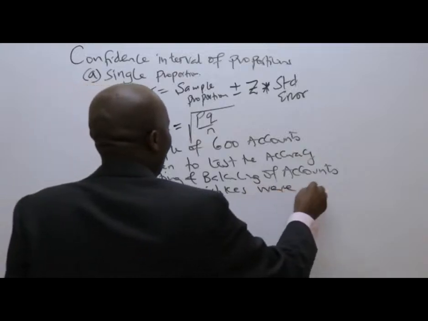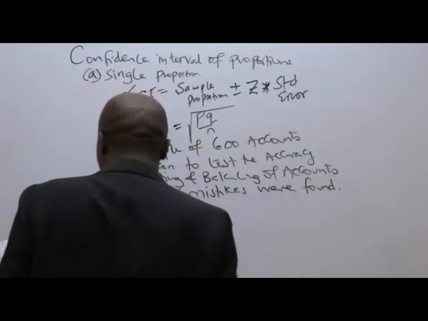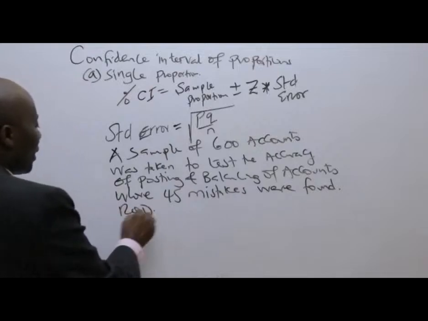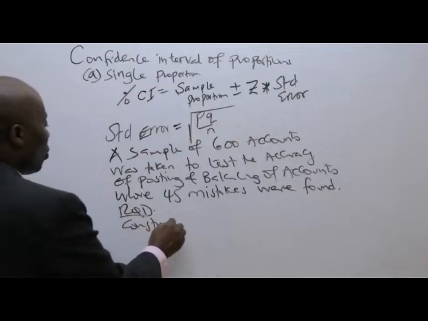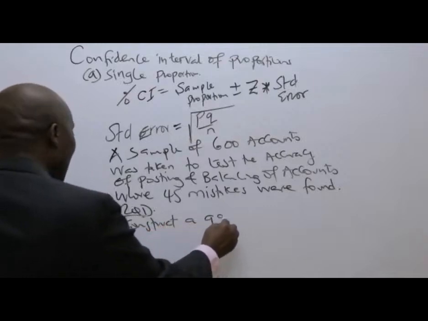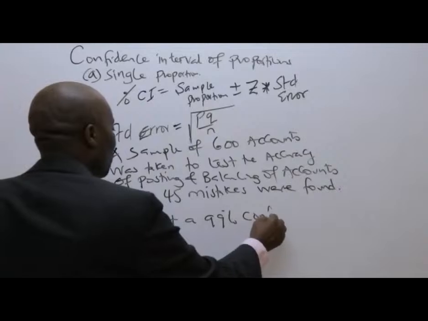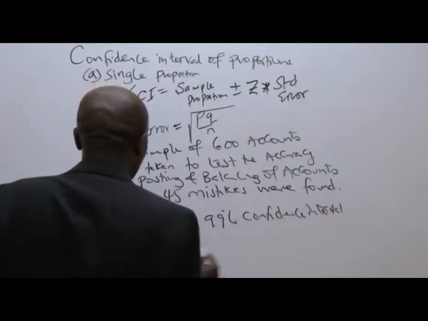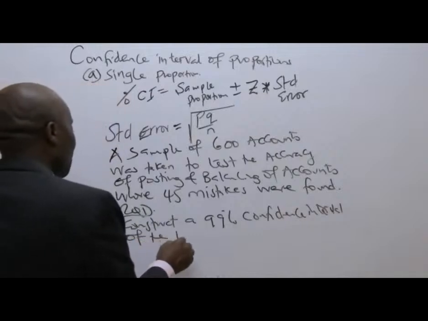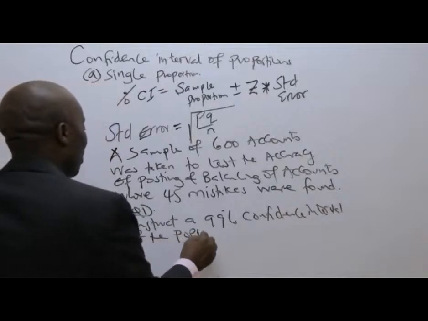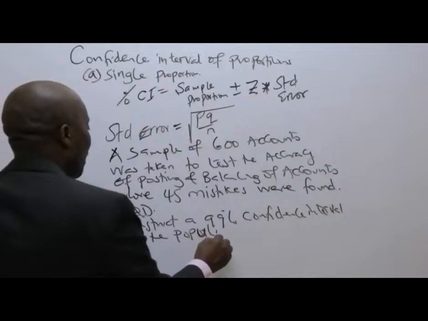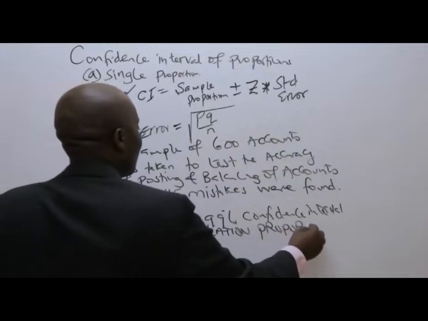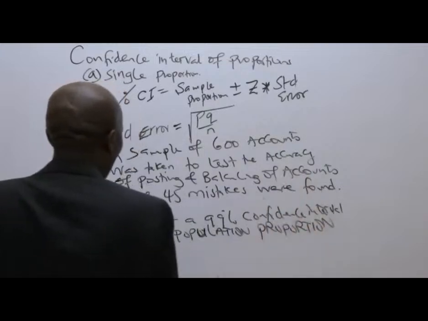We are required to construct a 99% confidence interval of the population proportion with mistakes.